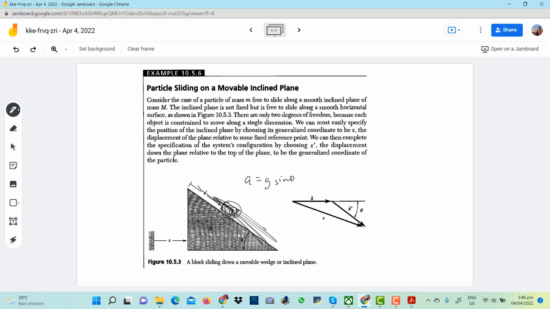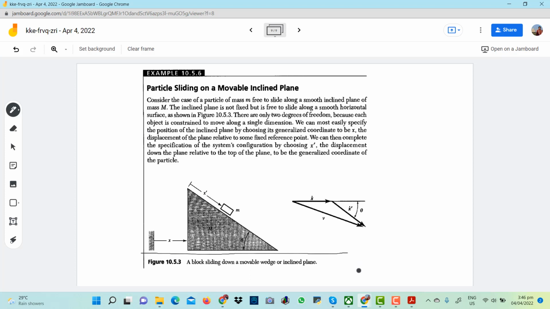We have a particle of mass m free to slide along a smooth inclined plane, meaning there's no friction, and there are only 2 degrees of freedom. The inclined plane is not fixed, and it is free to slide along a smooth horizontal surface. Since there is no friction, it is free to slide.